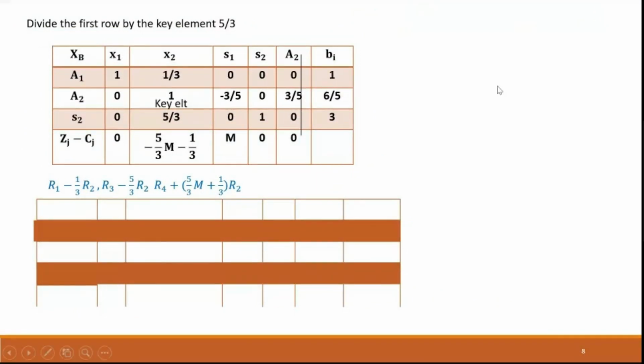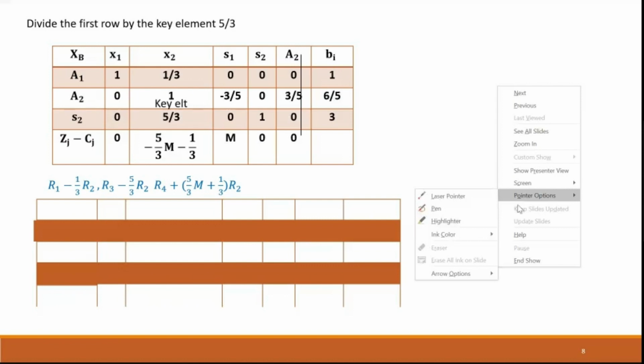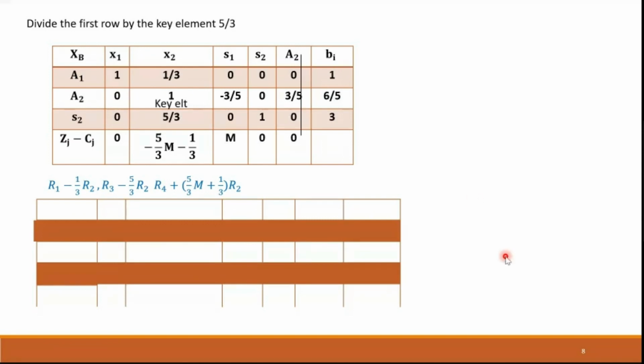Second row will remain as it is. First I will write the variables. Now we will not write the artificial variable because that is no more in the basis.